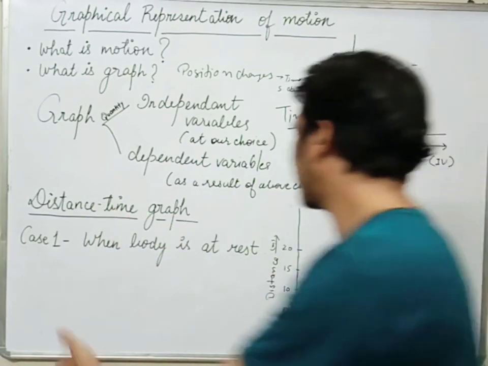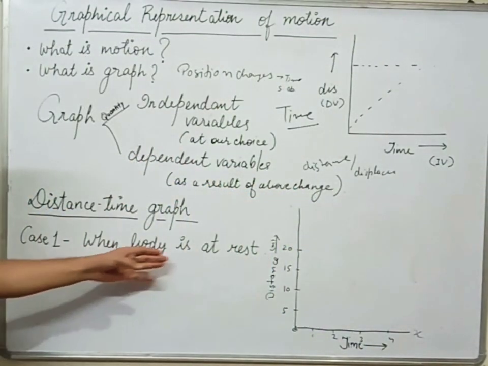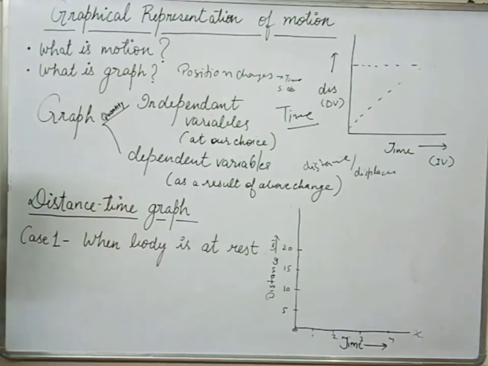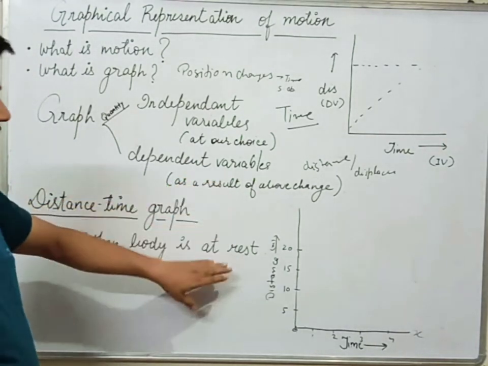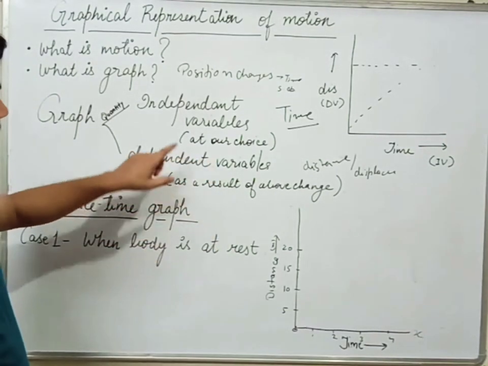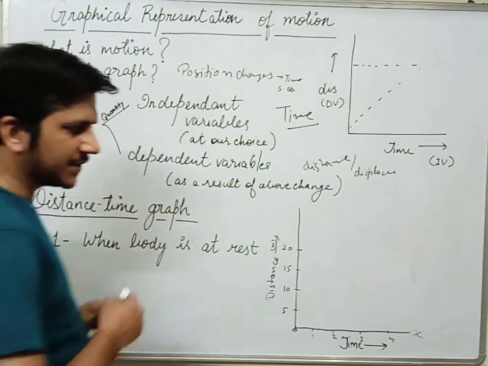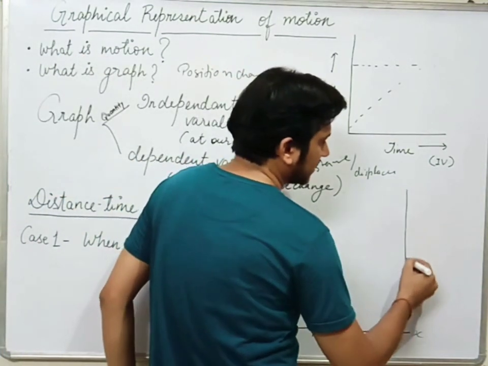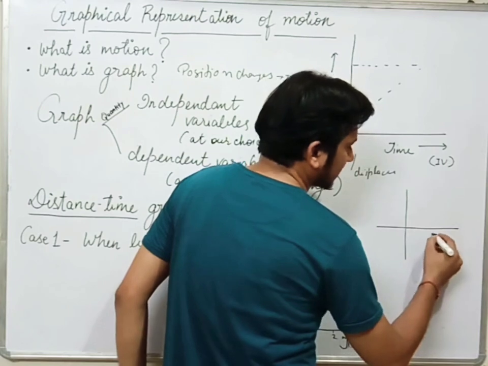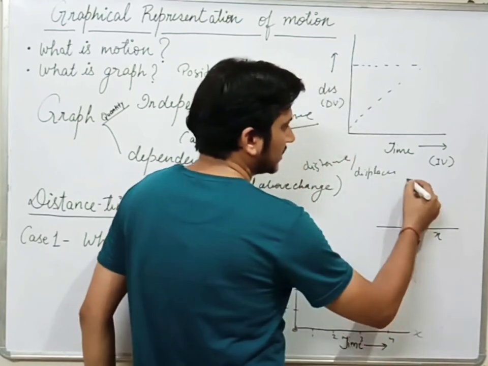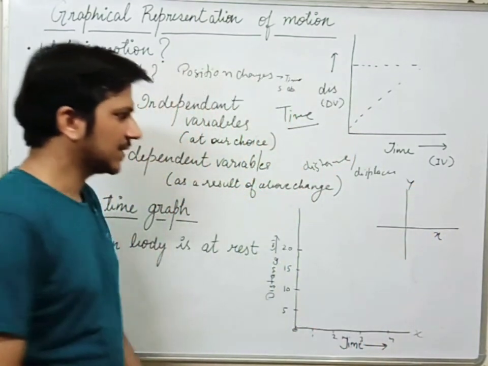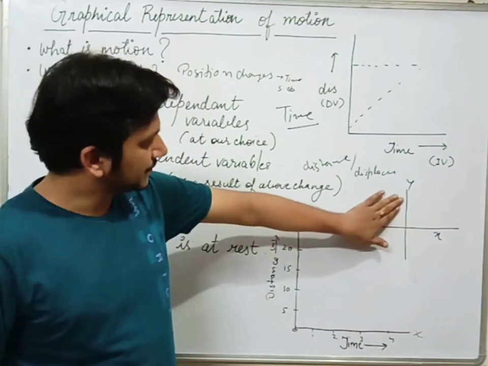Case number 1, when a body is at rest. Before this, we should know that independent variables are represented on the x-axis and dependent variables on the y-axis.